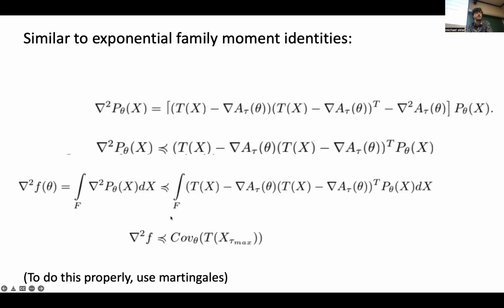If we were to integrate over a larger set than the false projection set, we'd be computing the covariance of this sufficient statistic. And so you can drop it in, and roughly speaking, that is the upper bound. To make this rigorous, use martingales.